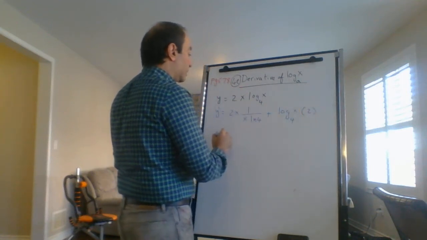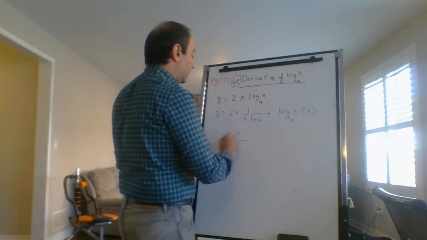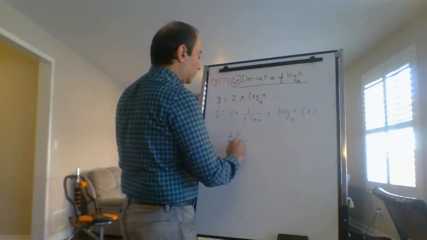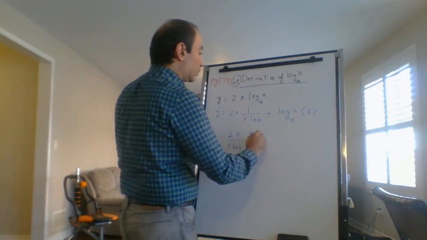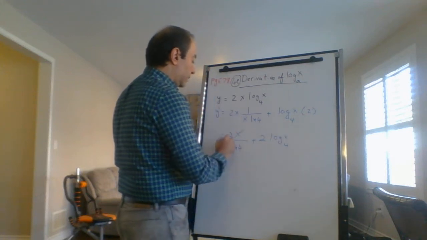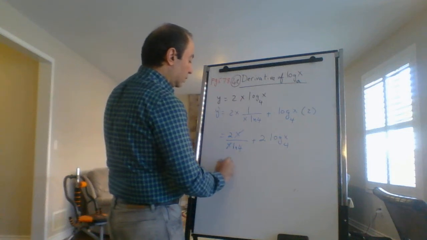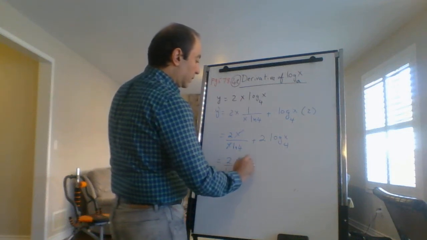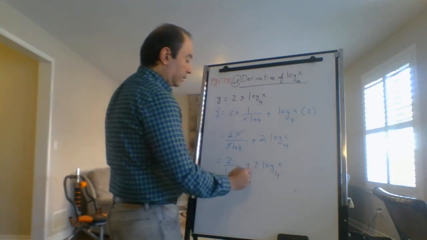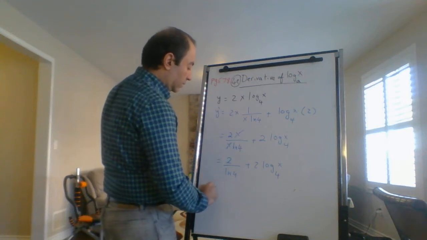So this is 2x over x ln 4 plus 2 log x base 4. The x and x here cancel, so this is 2 over ln 4 plus 2 log x base 4, and you can factor the 2 out if you want, or you can leave it this way.